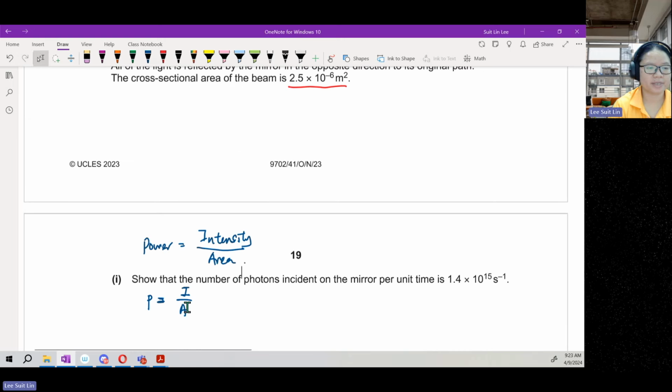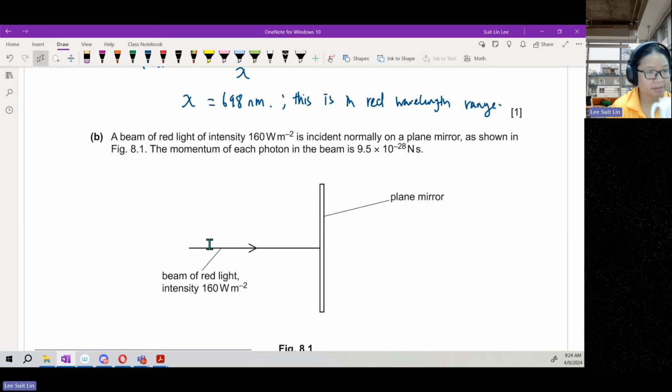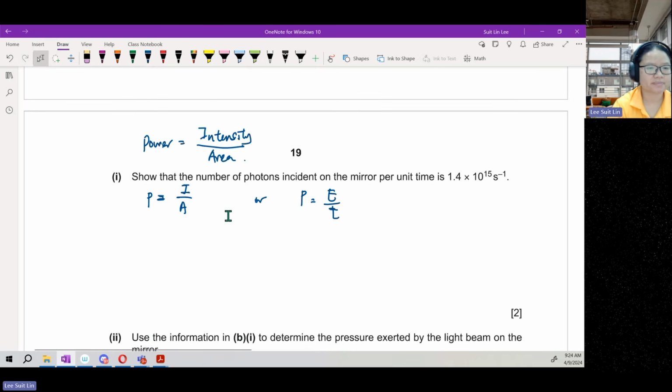The reason why I want intensity times area is because intensity is, I guess I can put in power, which is energy over time. Do I have the frequency, the wavelength? I have the momentum, but I also have the wavelength. Maybe I should use that instead. Okay, let's try both.